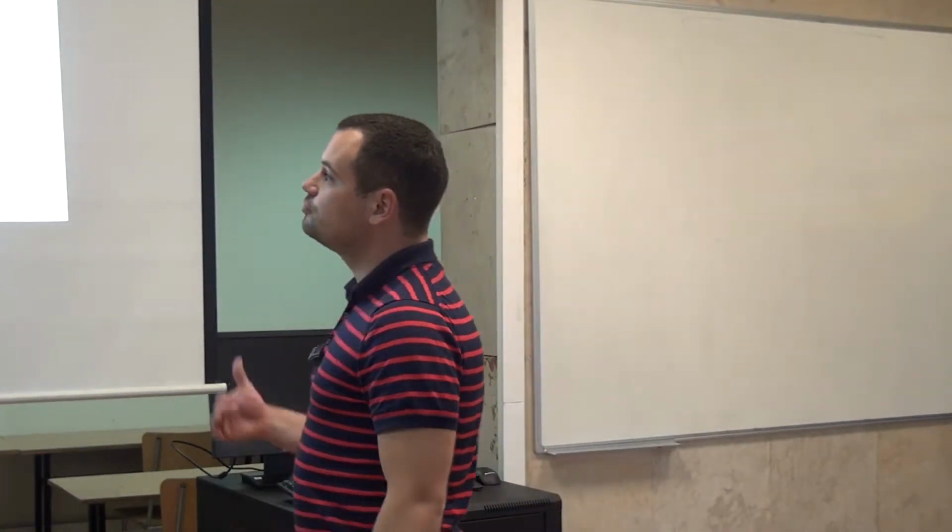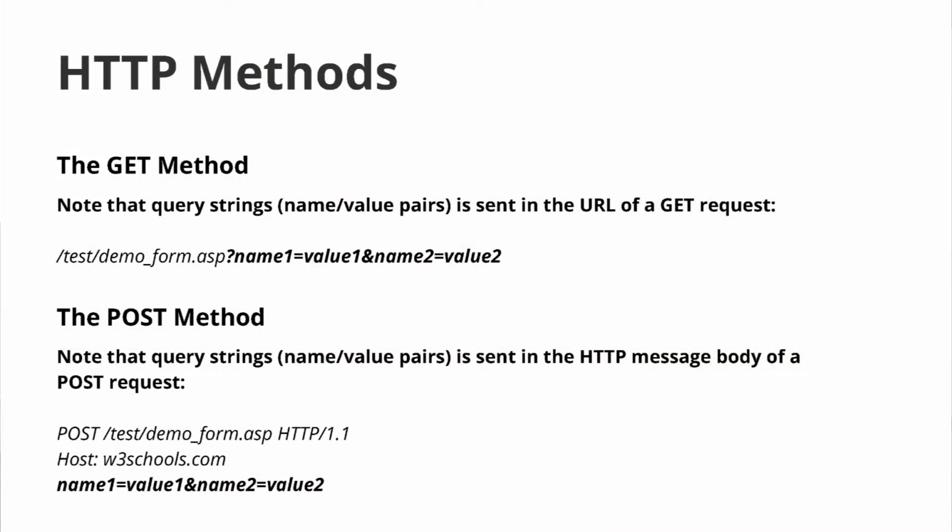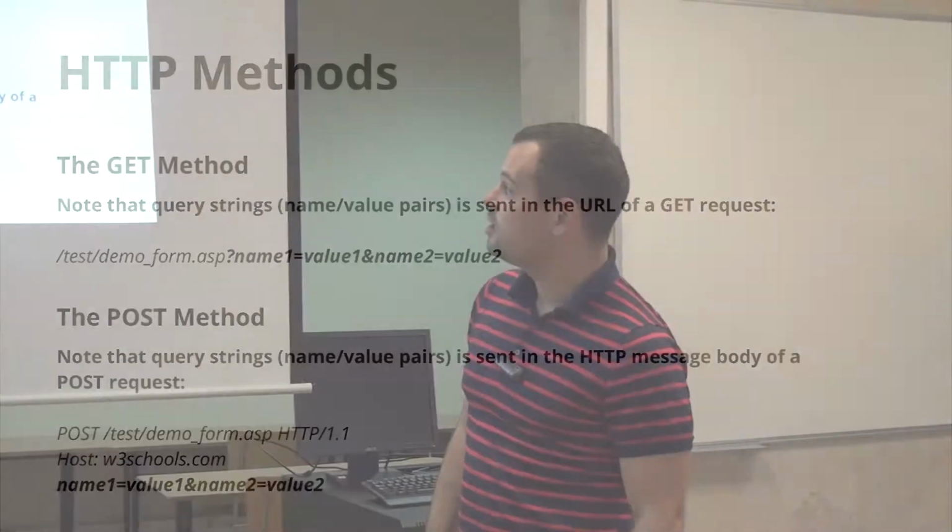Here are the two most popular methods on the HTTP protocol: the GET and the POST methods. There are a lot of differences between them, but the most important one and the most notable is that with GET, if you want to transfer some data from the client to the server, you have to do it in the URL as it's written here as an example.